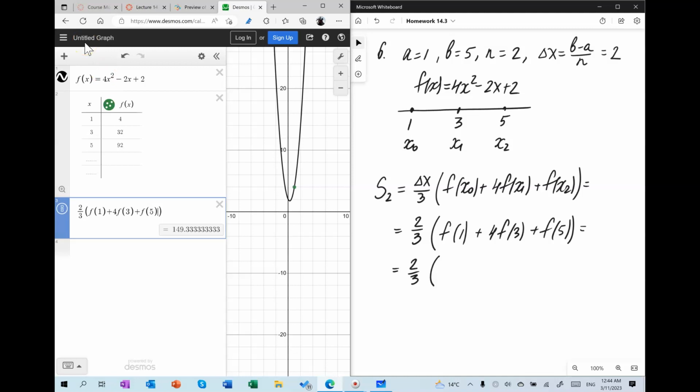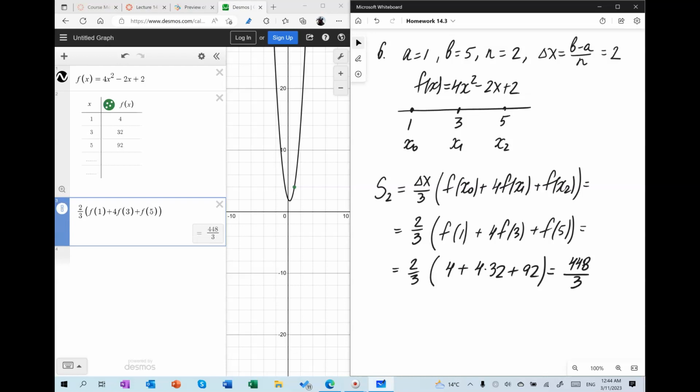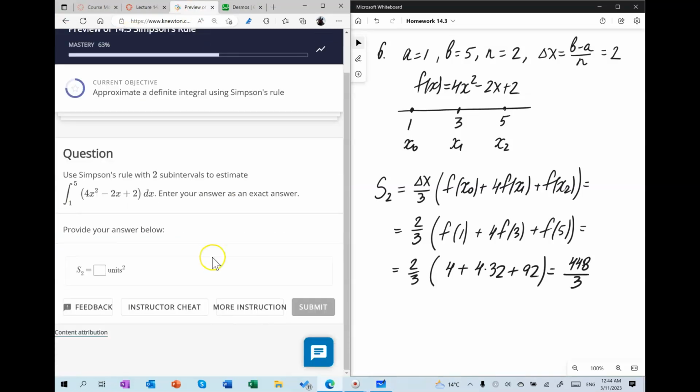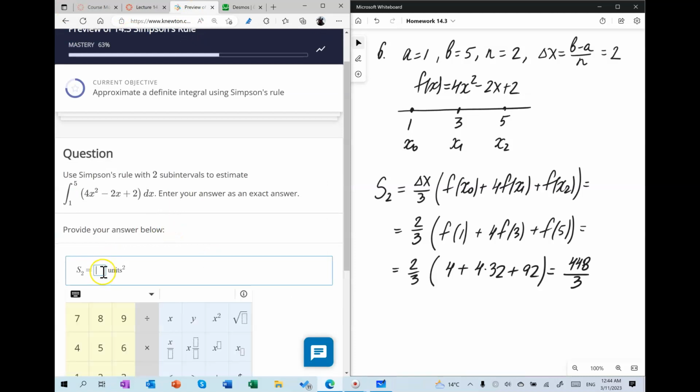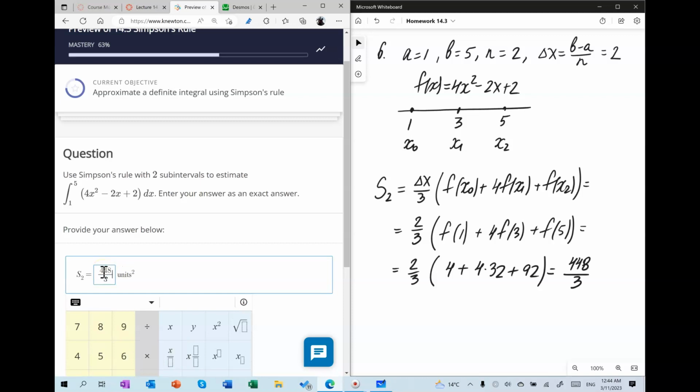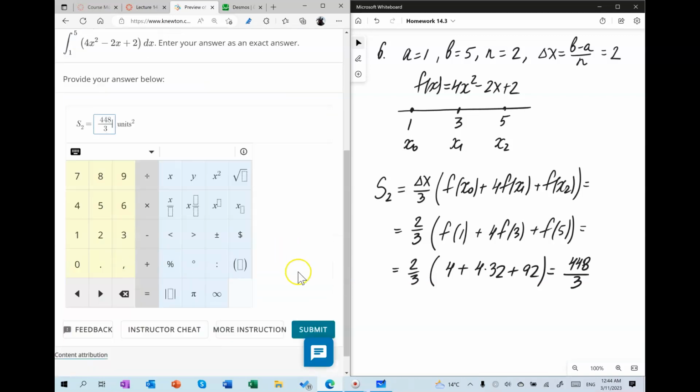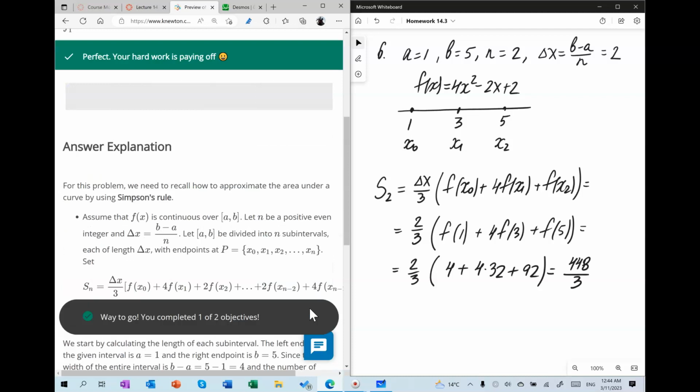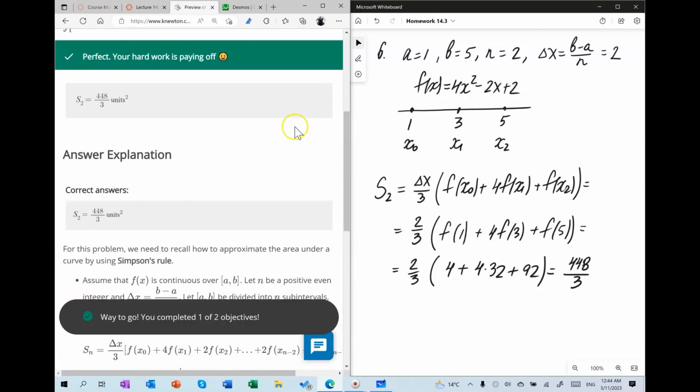So either we can do it by hand, or we can use technology, such as Desmos, to make the computations a little easier.